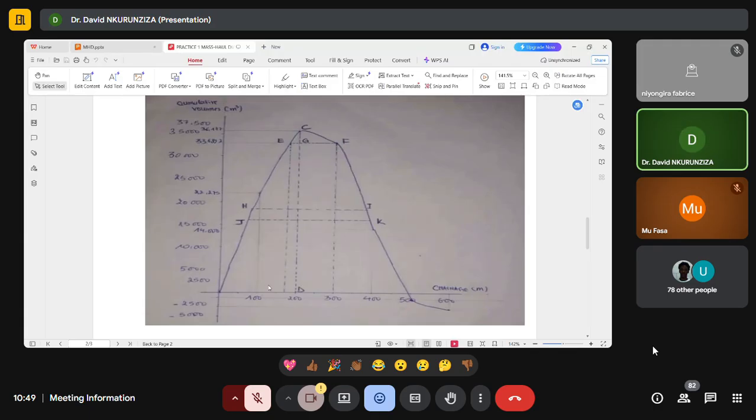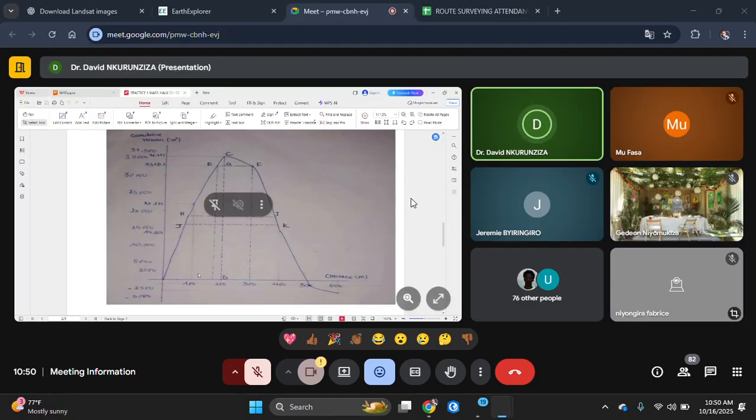A longer haul distance means higher transportation cost. Of course, you require more fuel and time, and more effort also. For example, a haul distance normally we say is the average distance between balance points.